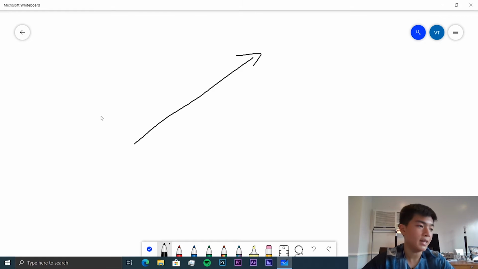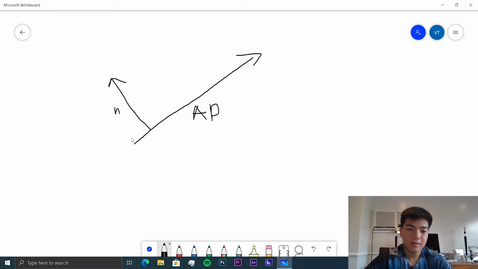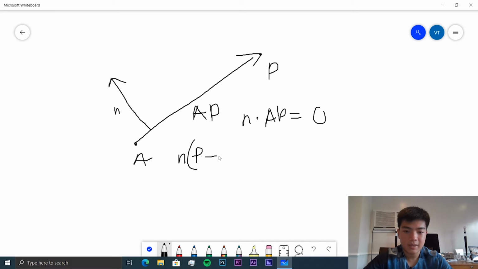Then a normal vector, or a vector normal to this line, is perpendicular or orthogonal to any vector on the line. So this is the normal line, and this is AP. Then n dot AP is equal to 0. This follows that n dot the position vector of P minus the position vector of A is equal to 0.